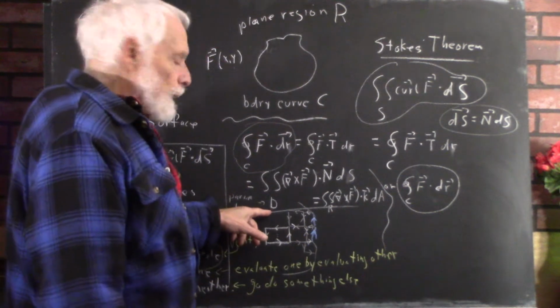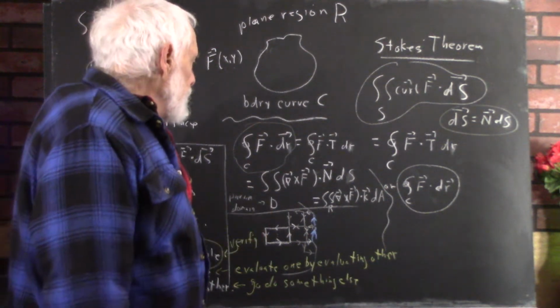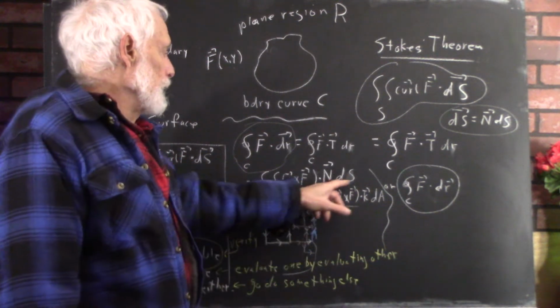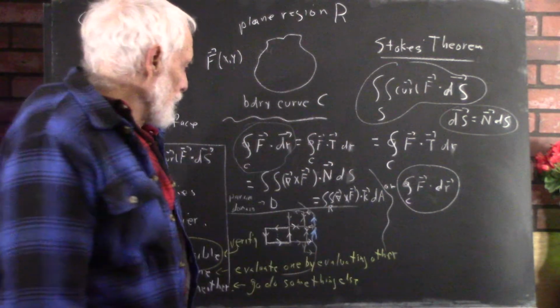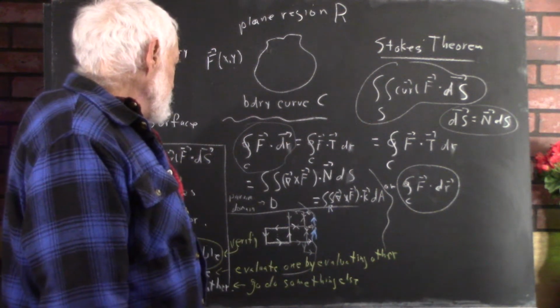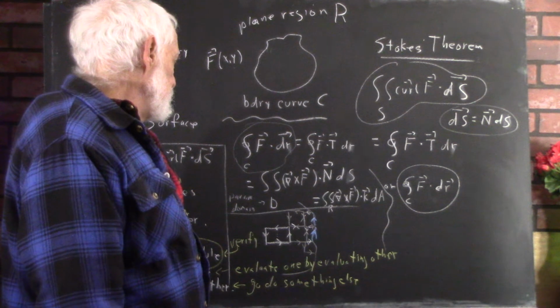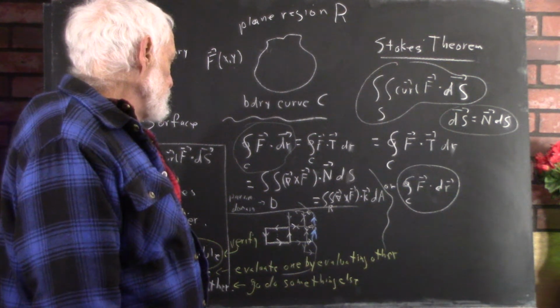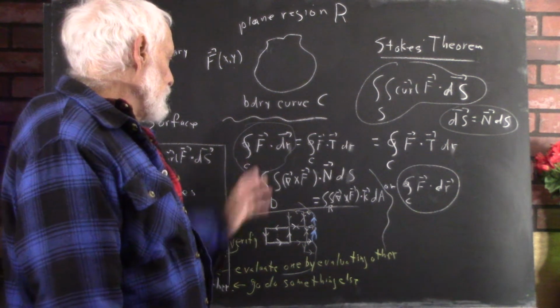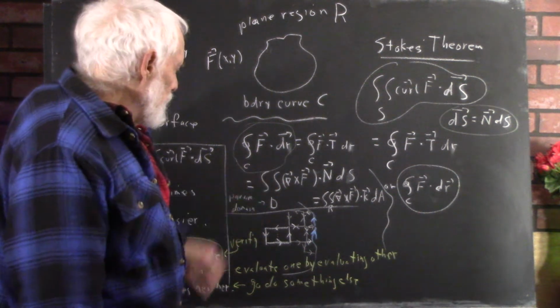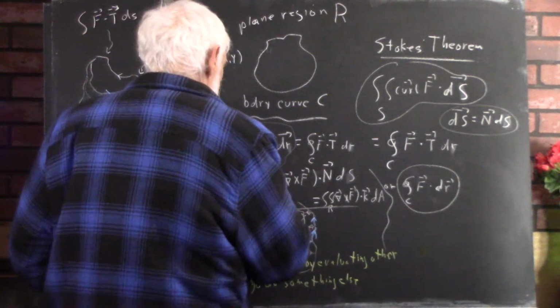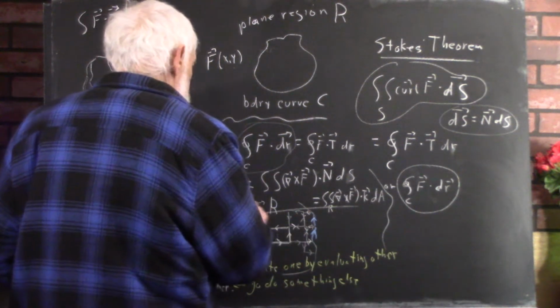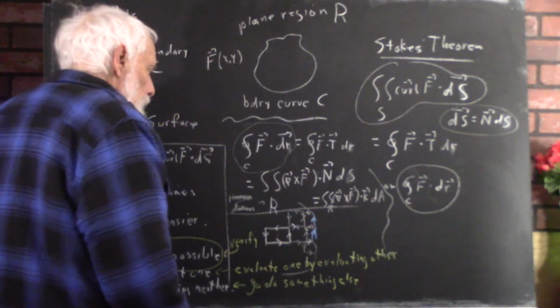This integral is over the region D, a parameter domain, where dS is in terms of the parameter, and actually it's probably not a good idea because I should have my cross product of the tangent vectors, so I'm just going to change that to R and cross out this. Note that that's a parameter domain.